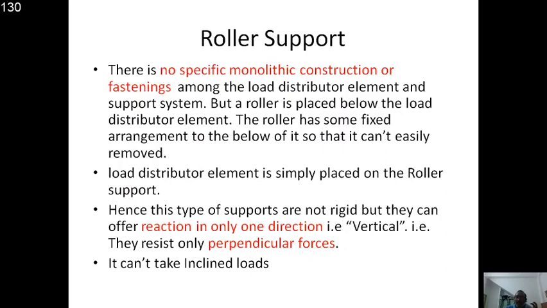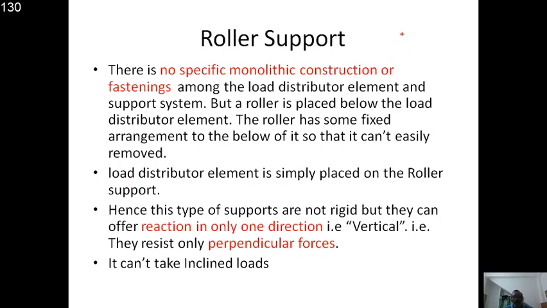If the roller is allowing horizontal translatory motion, then it offers resistance in the vertical direction. In the other case, if it allows movement in the vertical direction, then it offers resistance in the horizontal direction. So a roller can be placed in many ways like that.